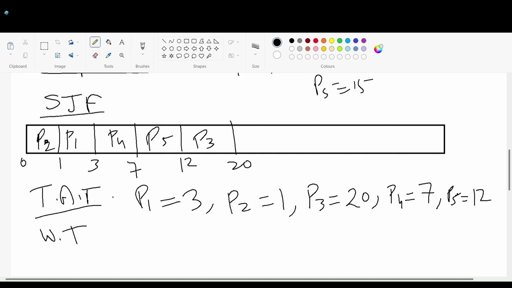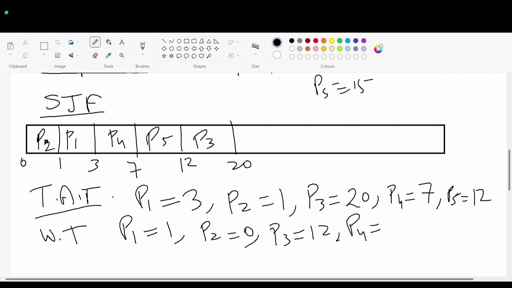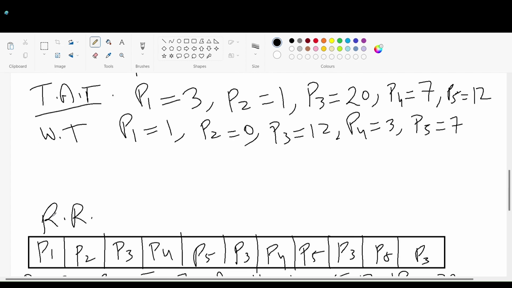Now waiting time. P1 waiting time is 1, P2 waiting time is 0, P3 waiting time is 12, P4 waiting time is 3, and P5 waiting time is 7, right? So this is the waiting time.